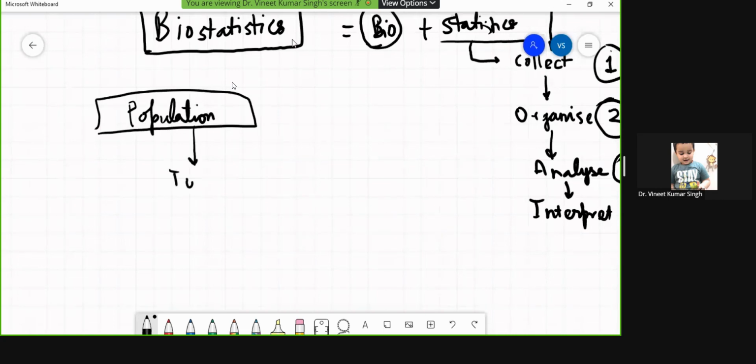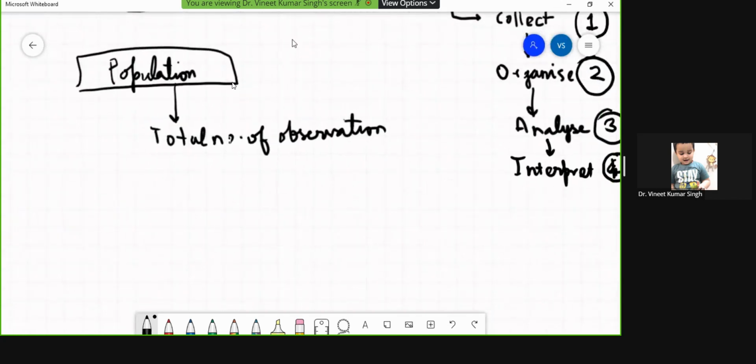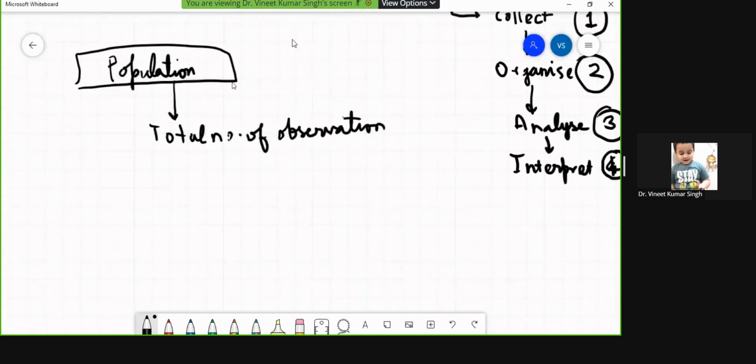Total number of observations. For example, if we have to find out the average weight of all the people living in Delhi, so the population here is Delhi.